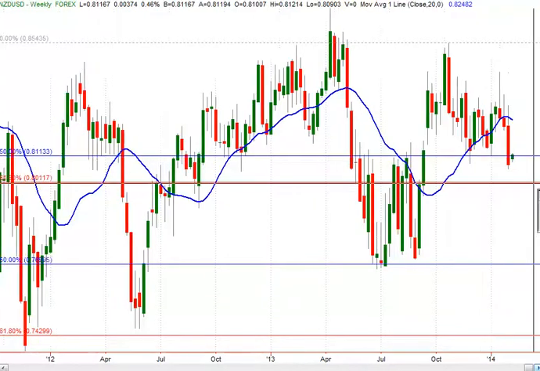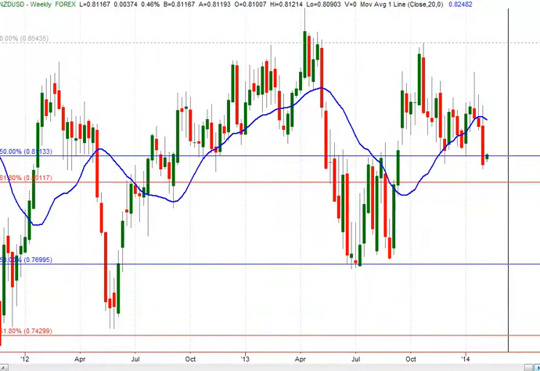If we break 0.811, then there's the possibility to go back and retest this 0.67, at least until the dollar is strong.